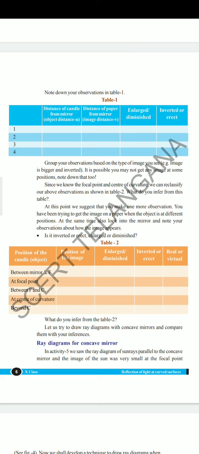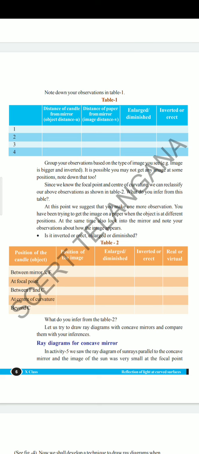The table columns are: distance of candle from mirror (object distance), distance of paper from mirror (image distance), enlarged or diminished, inverted or erect. Group your observations based on the type of image you see. Example, image is bigger and inverted.